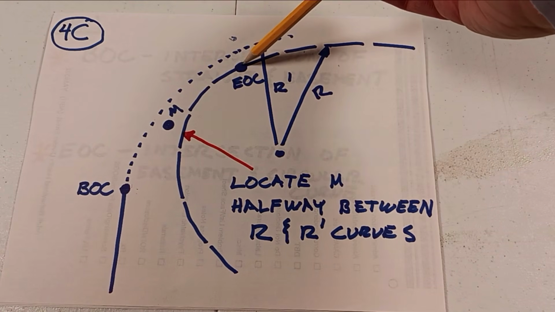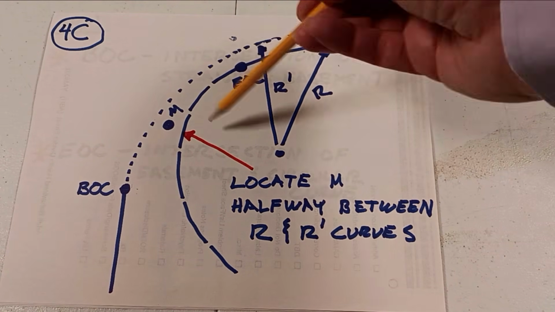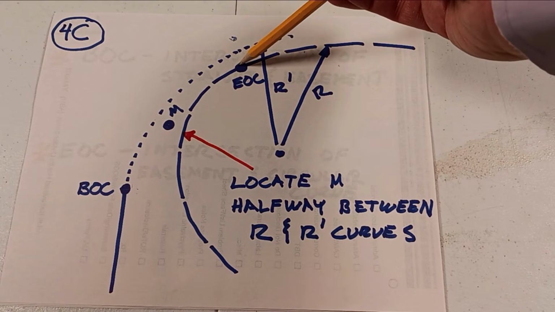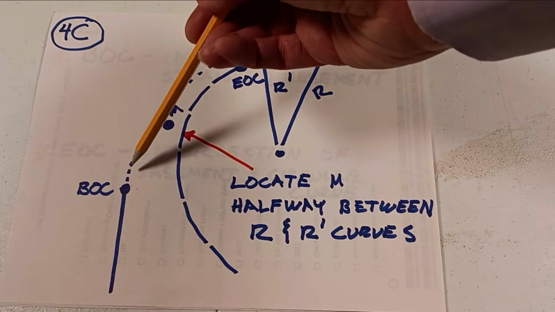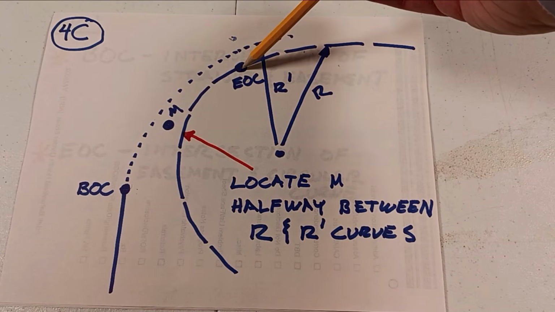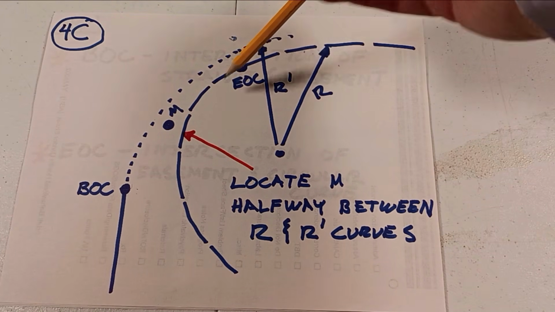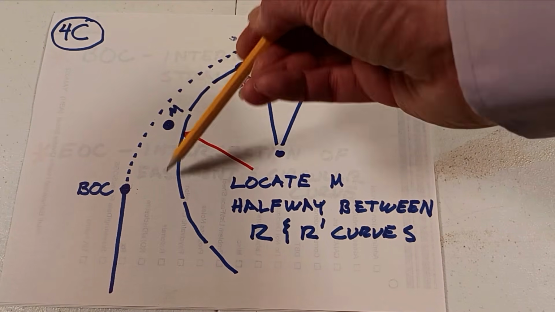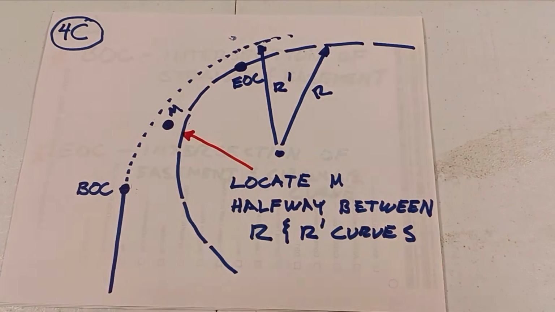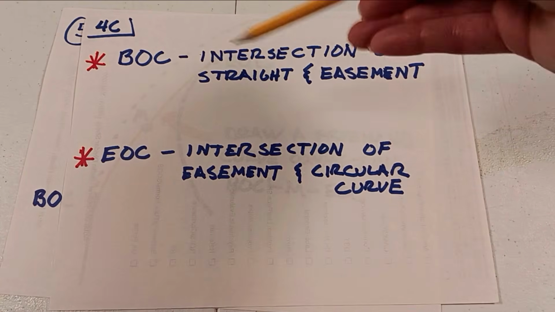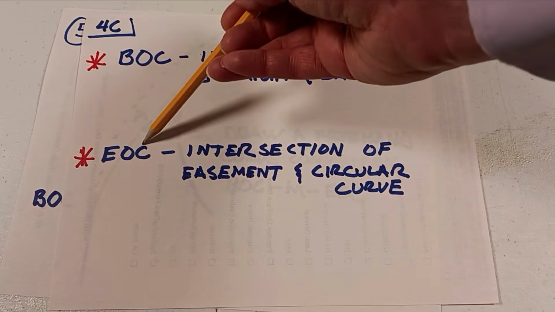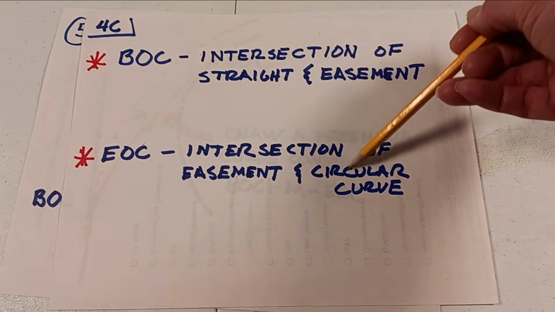And our end of curve point is attached to our fixed radius curve, our R from before. This is the end of the transition, because from the beginning, our transition goes from the tangent, from the straight, eventually to our fixed radius curve. Since we're about halfway through the curve, our midpoint should be more or less halfway between these two curves. And just as a reminder, the beginning of curve point is the intersection of our straight and our easement, and the end of curve point is the intersection of the easement and the circular curve.